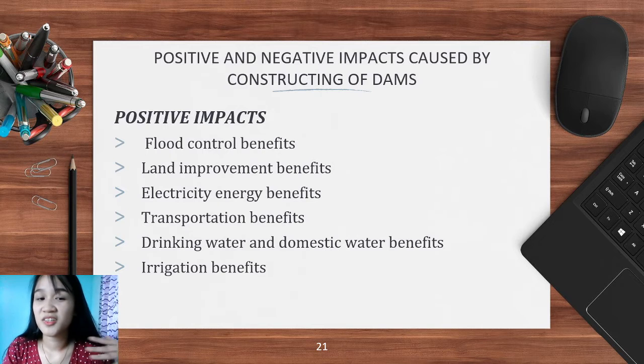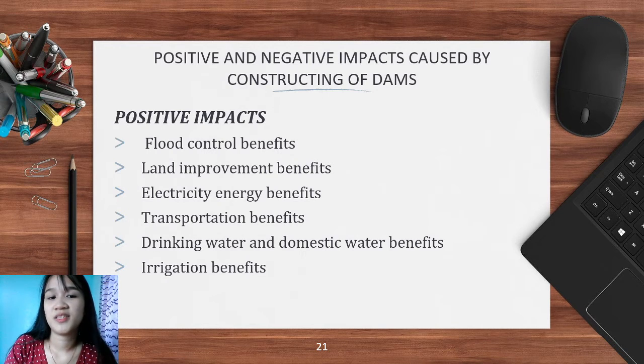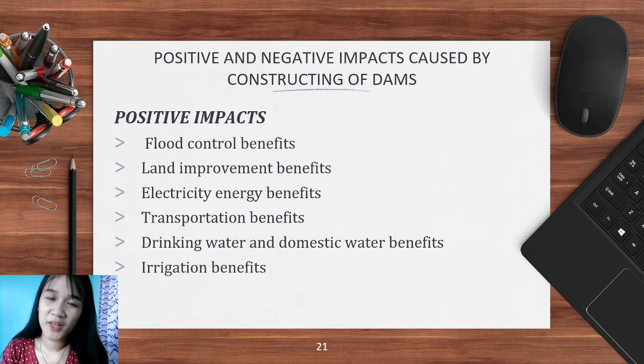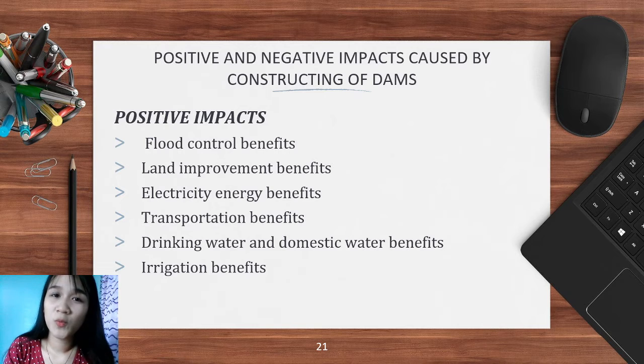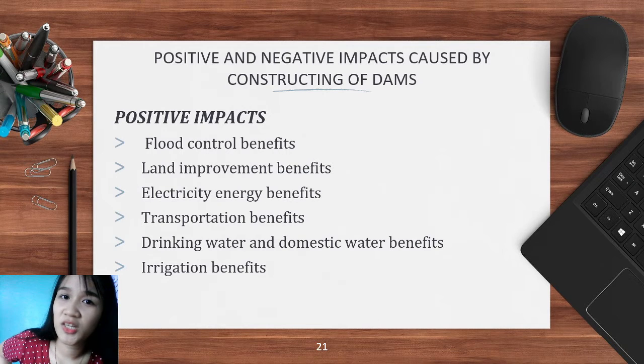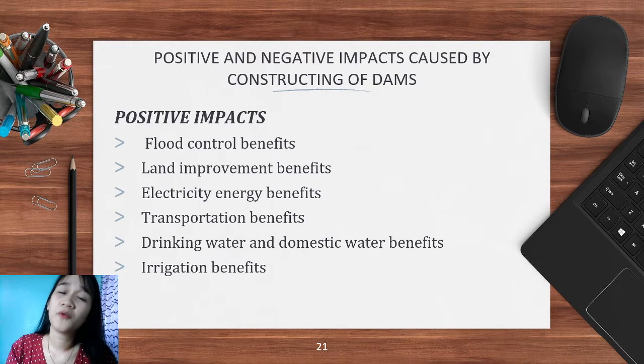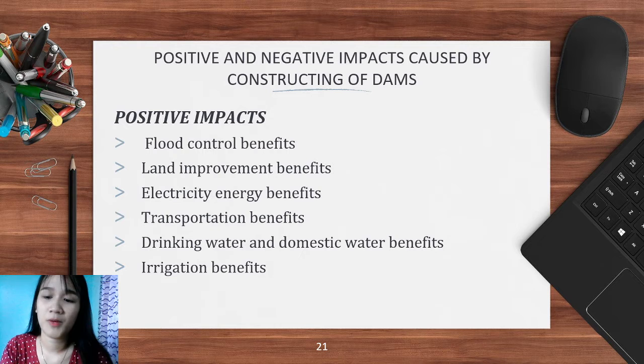As what I have said earlier, for irrigation benefits, drinking water and domestic water benefits, it will provide water for the community or industrial or our everyday use. It will give water for us to drink or to use every day.